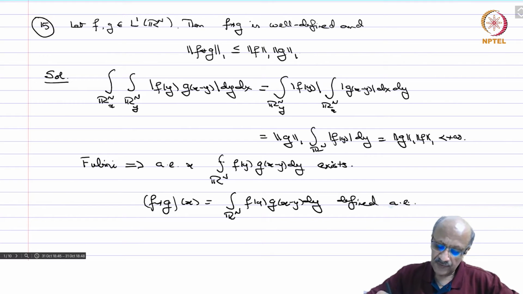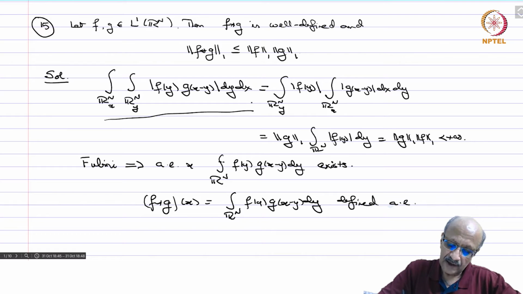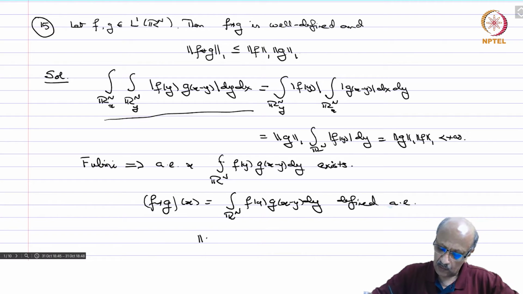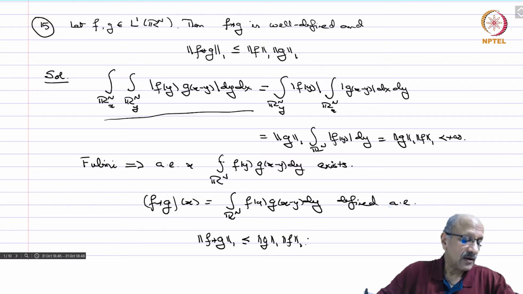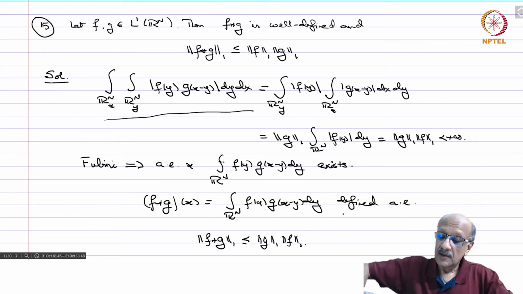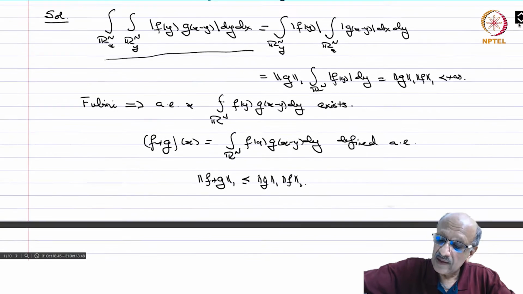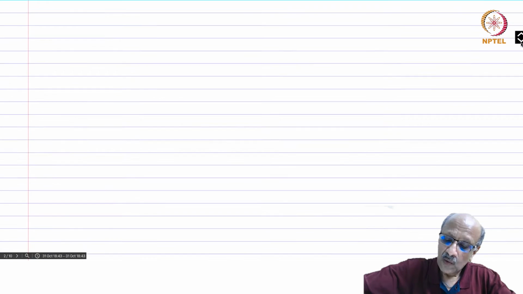And of course mod f star g of x is less than or equal to this quantity here, and therefore you have norm of f star g in L1 is less than or equal to norm g1 into norm f1. Okay, so that completes that exercise. So this is much easier than the case for when one of the functions is in Lp.